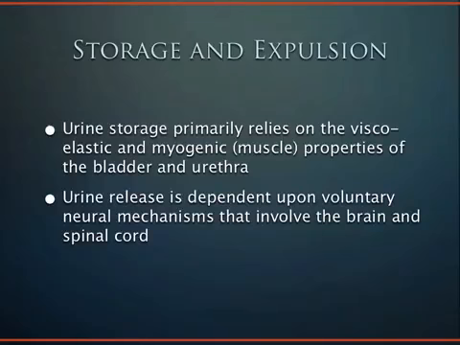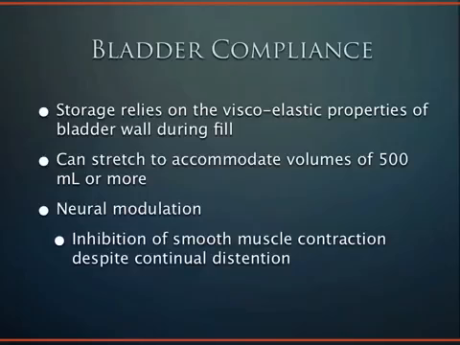Now, both these myogenic and the neurogenic, you can have dysregulation there, and that's where the bladder disorders can arise due to certain problems with metabolic conditions, neurologic conditions, trauma, medications, things like that. I'm not going to go into those details, but you can imagine how those things can come into play here and really mess up this delicate balance between storage and expulsion.